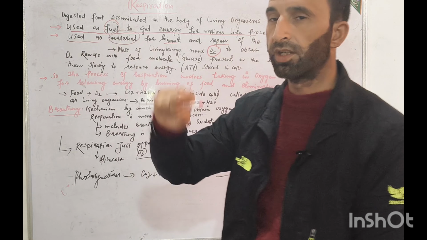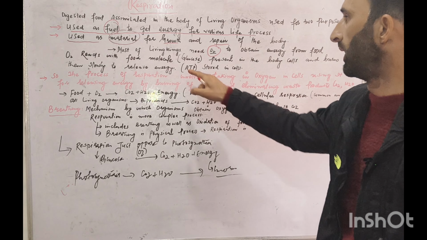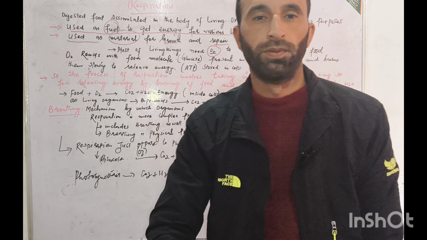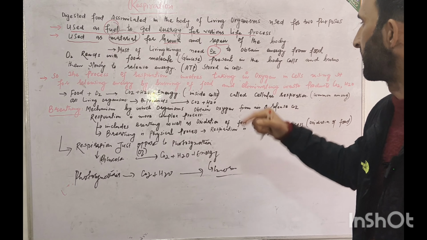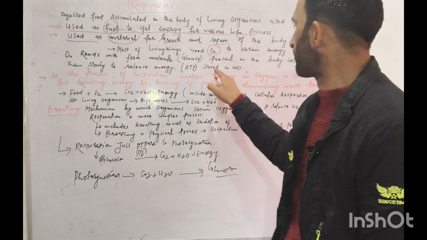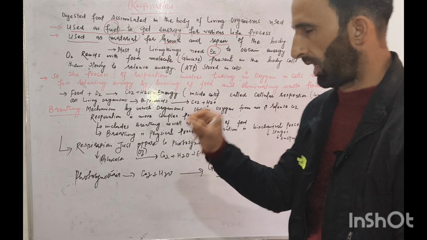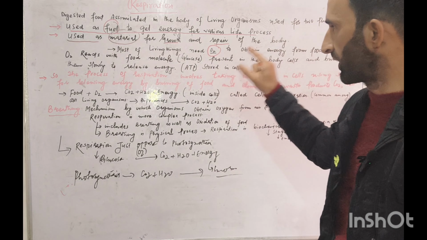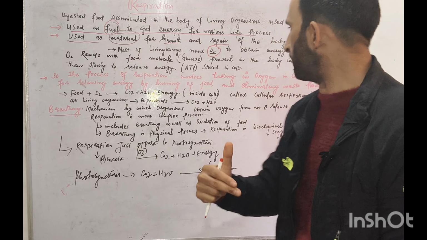This oxygen reacts with the food molecule, which in most organisms means glucose, present in the body cells, and burns it slowly to release energy, stored as ATP.